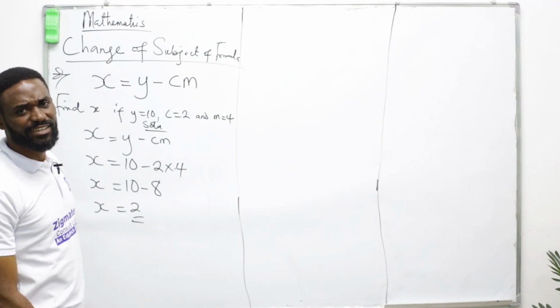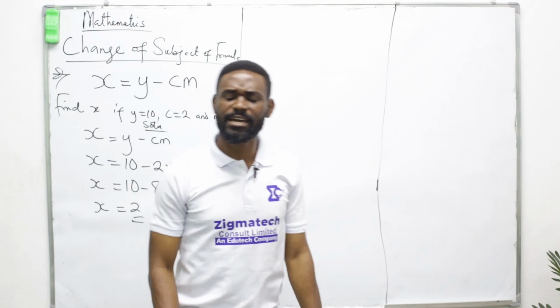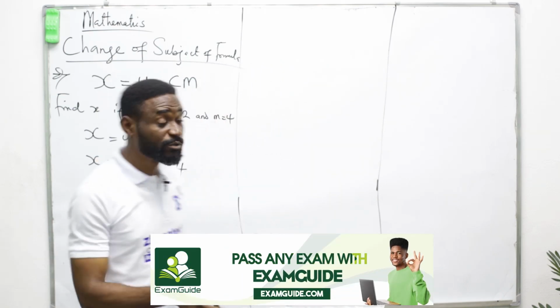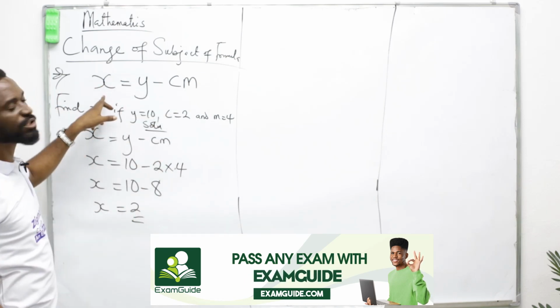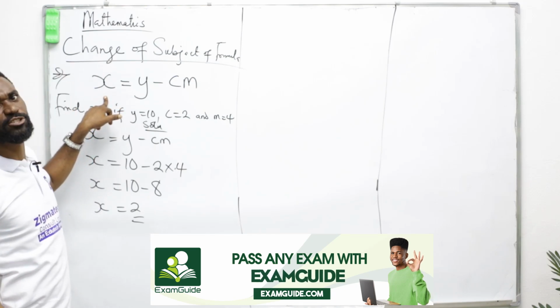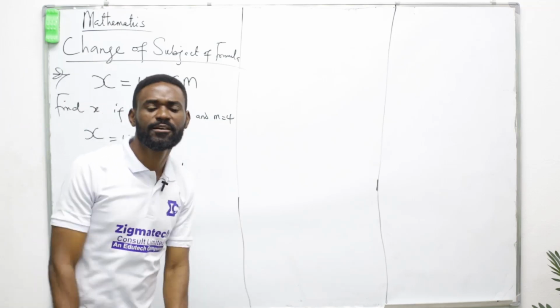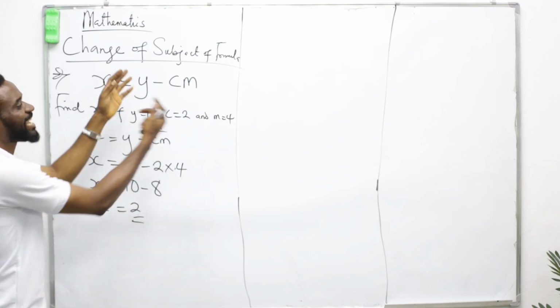It's just like in Nigeria. I think some few months ago, the president of this country, which is likened to this x, the subject was President Buhari. After some time we had an election and we voted in another president. Of course, President Tinubu is now the subject.